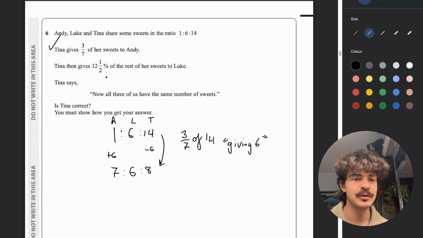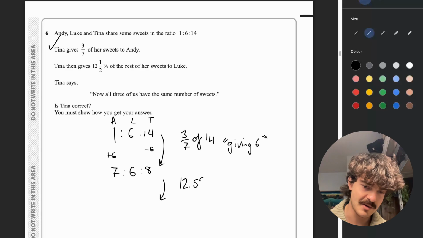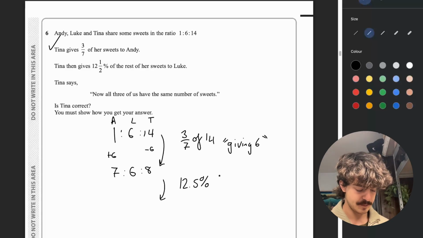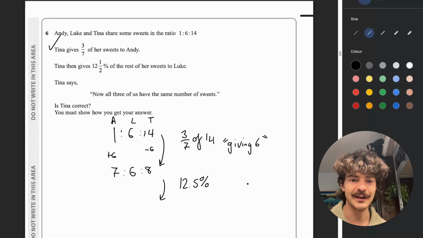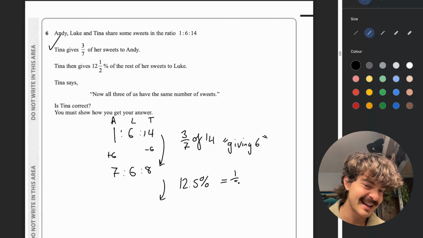Tina then gives 12.5% of the rest of her sweets to Luke. Okay, 12.5%. Oh, that's not very nice. If you were to plug this into your calculator as 12.5 over 100, it would actually automatically tell you that this is the same as an eighth.